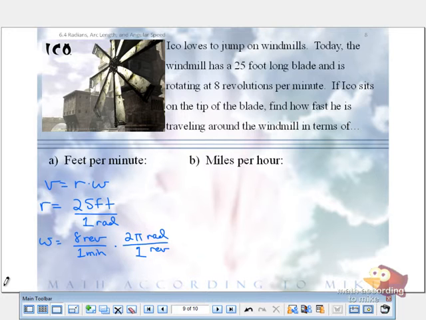So you'll be needing this unit fraction, 2 pi rads per 1 revolution, or the reciprocal, anytime you have to go back and forth between revolutions and radians. Questions so far? Okay, multiply across, the revolutions cancel. So we'll get 16 pi rads per minute.